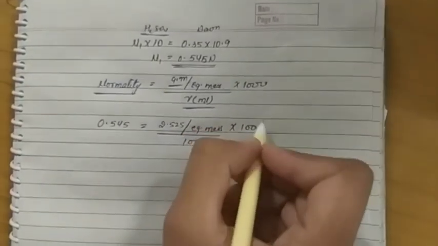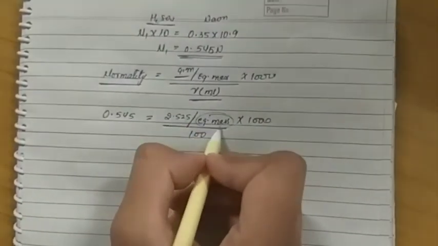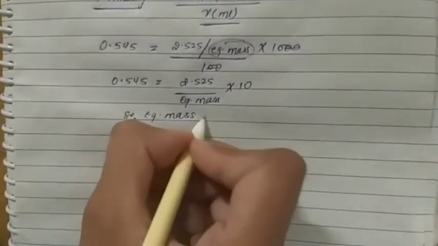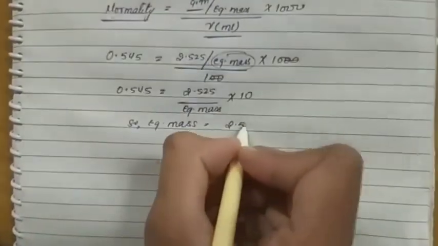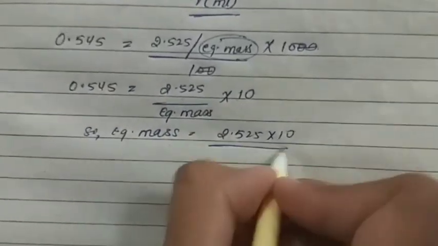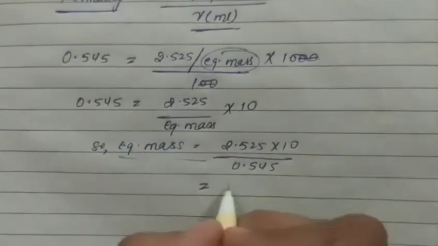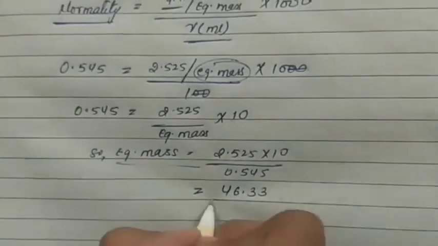So from here we can calculate the equivalent mass of the acid. The equivalent mass is 2.525 into 10 by 0.545. So from here the equivalent mass calculated is 46.33.